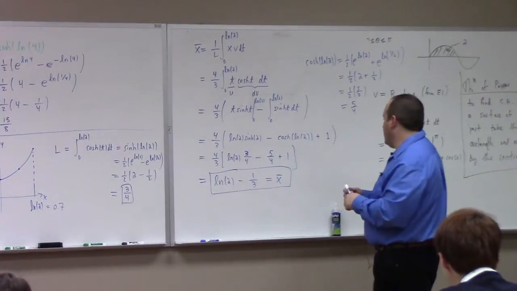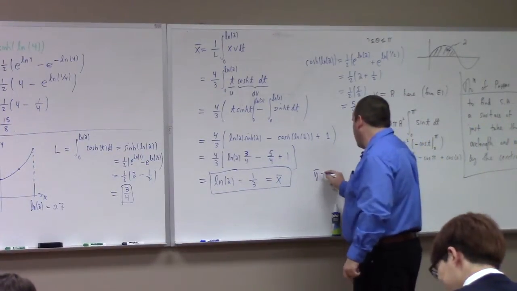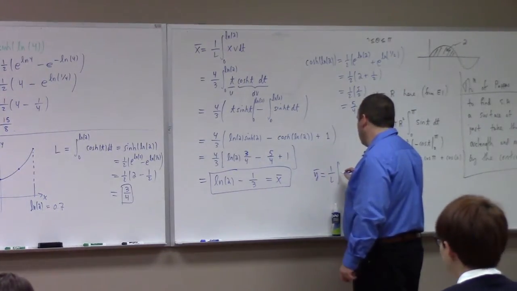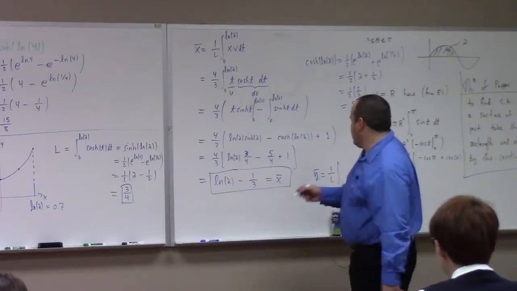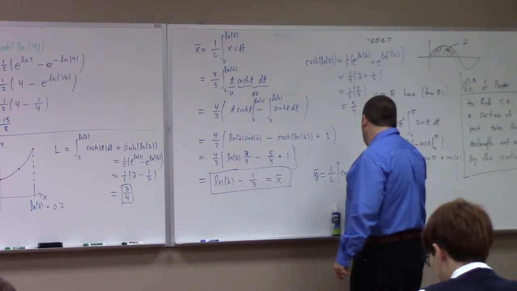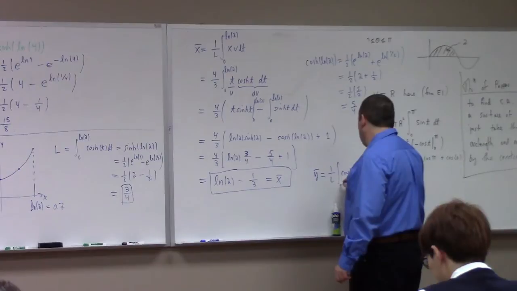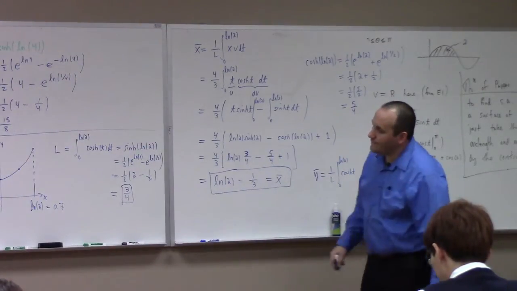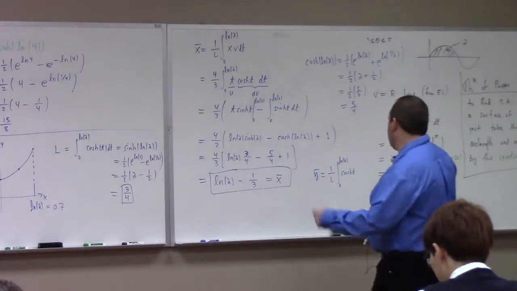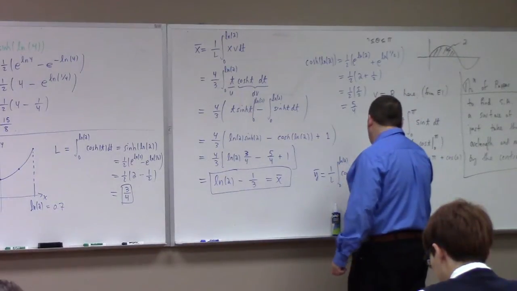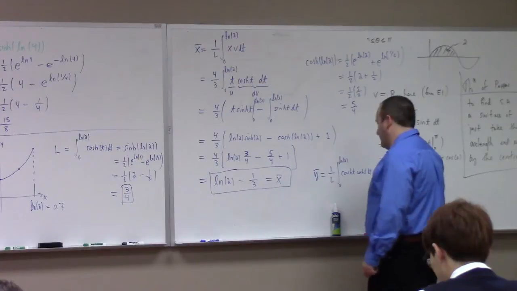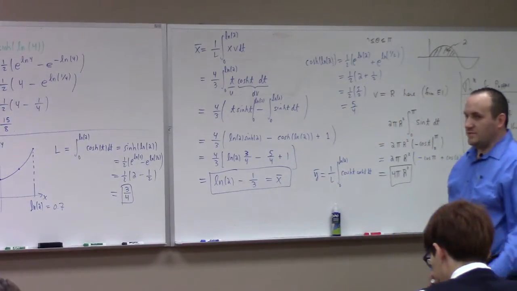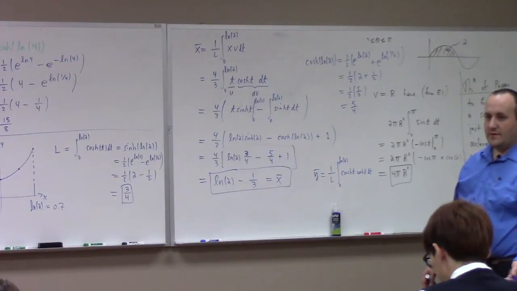So we can either calculate y bar equals 1 over L integral of y, which is what? Cosh t, from 0 to log 2, then times cosh t dt, right? We could do that, or we could use the theorem of Pappus to figure out the y bar, right?